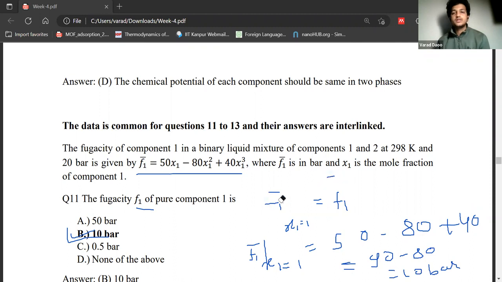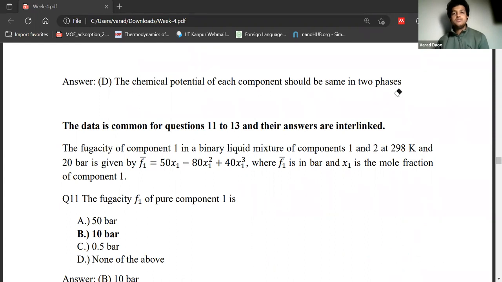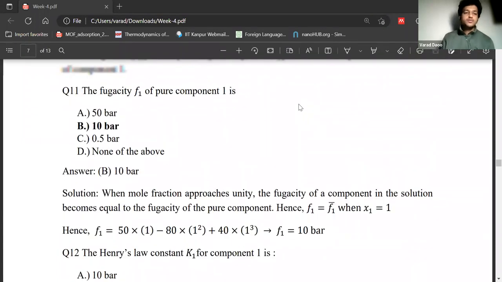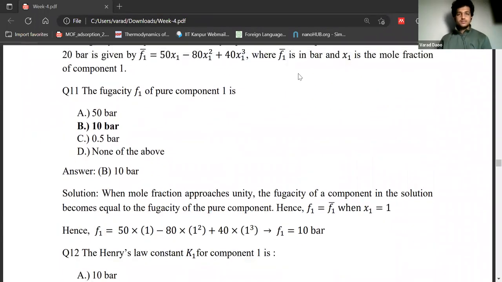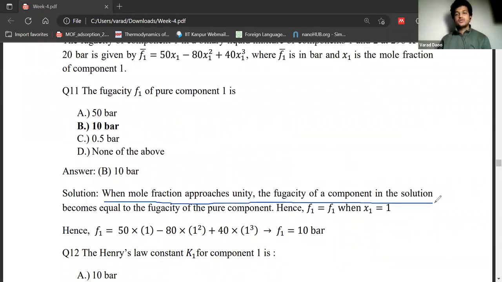So let us discuss this in a more formal manner. When the mole fraction approaches unity, the fugacity of a component in the solution becomes equal to the fugacity of the pure component.